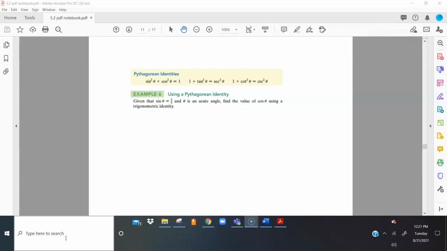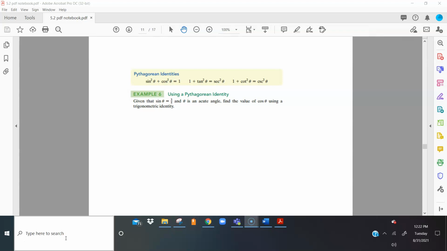Example 6. It says use a Pythagorean identity. Those are the ones that you see. Given that sine of theta equals 3/5 and theta is acute, find cosine of theta.